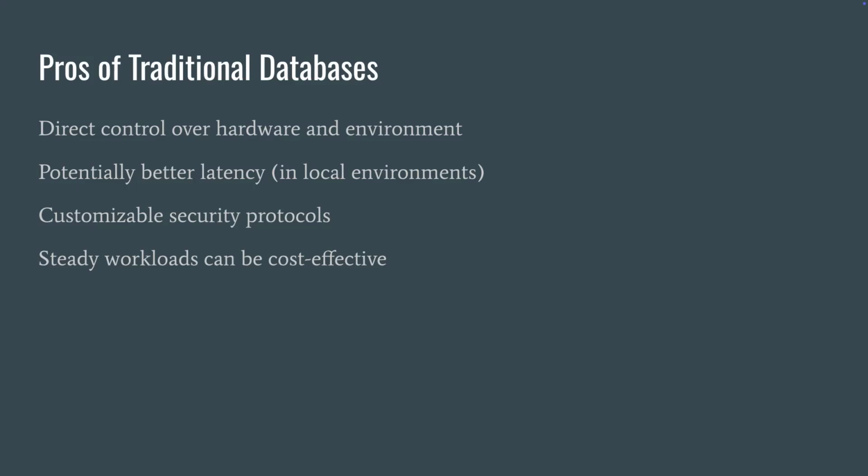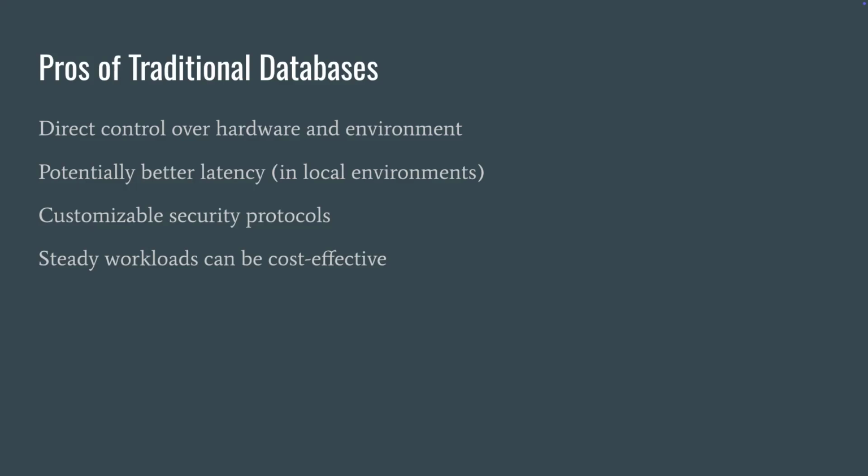So for direct control, you basically have full control over hardware, network configuration, and security protocols. If you have an organization with strict internal governance, this can be a main advantage.